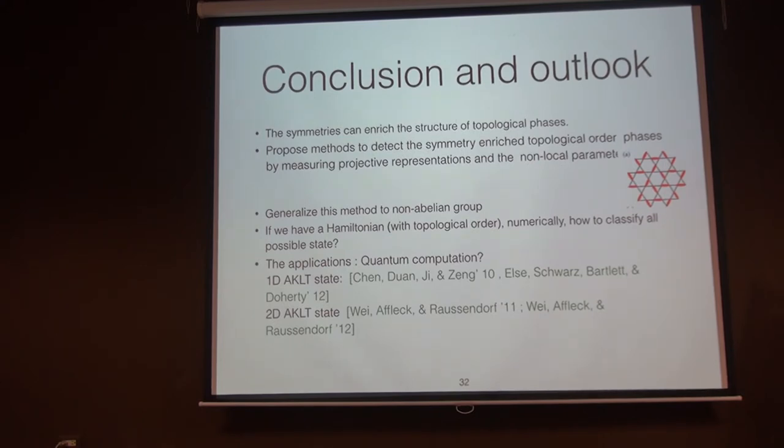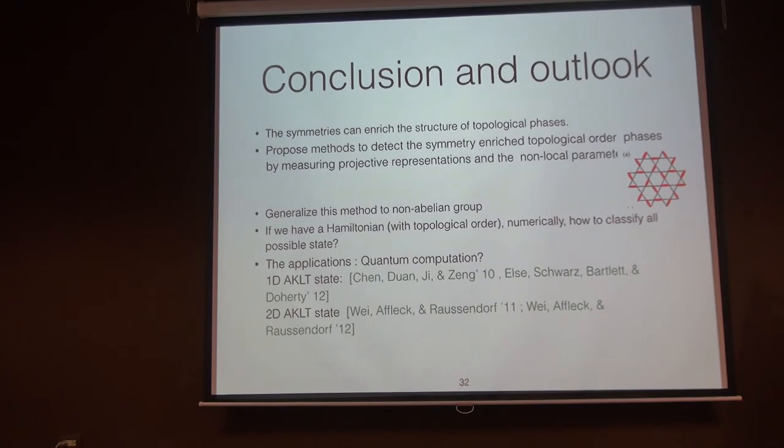So in the future, I would like to generalize this idea to the non-abelian case. And in our work, we just start from some wave function. So in the future, we would like to start from some Hamiltonian, solve this Hamiltonian and obtain the wave function and try to classify it.